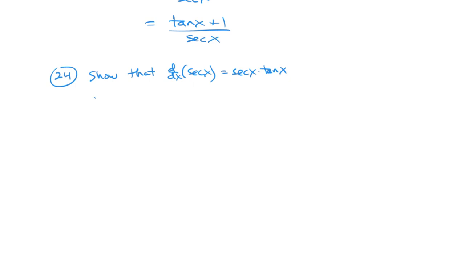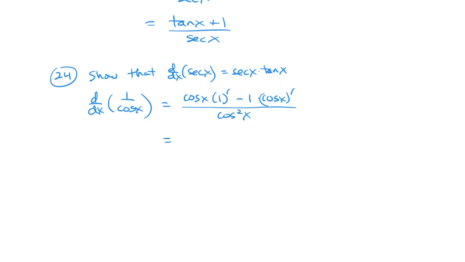So what I need to do really is much easier than doing this from scratch. Secant is the same as 1 over cosine of x, right? So I can just take the derivative of this with the product rule. Or sorry, with the quotient rule, right? So with the quotient rule, I can say, okay, low d high, low derivative of high minus high derivative of low, all over the square of the bottom we go.